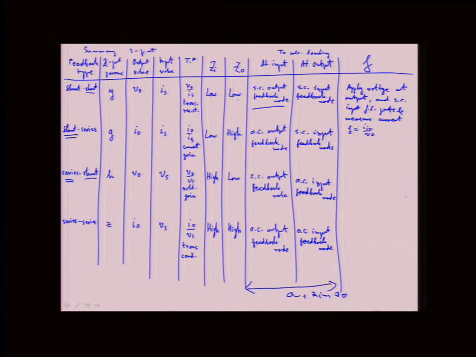Okay, so for shunt series, how do we measure F? Which quantity are we feeding back from the output? Maybe I'll do a little cartoon like this. This is F. Which quantity do we get from the output in series, if output is series?